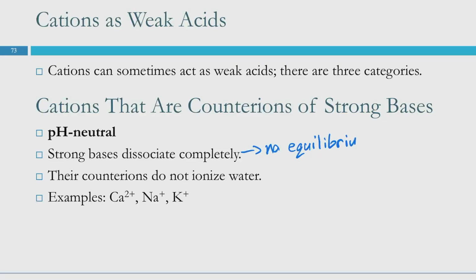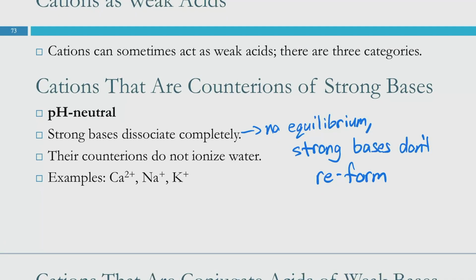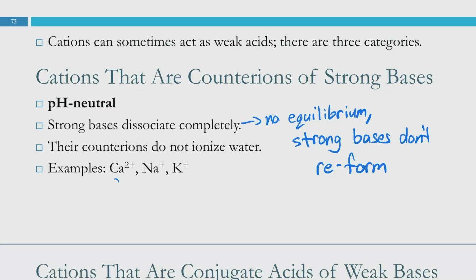So we don't have an equilibrium. The strong bases don't reform. So things like calcium, sodium, and potassium, from calcium hydroxide, sodium hydroxide, potassium hydroxide, those would be the strong bases. We know they're strong bases because they're ionic. They've got hydroxide.